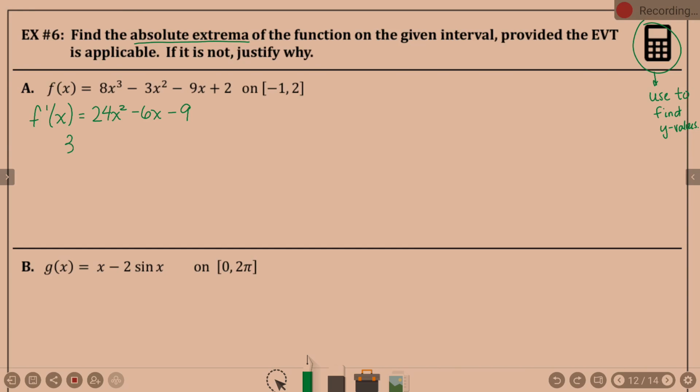So if I factor out 3 as I go here, now I'm left with 8x squared minus 2x minus 3. Product of AC, slip and slide, guess and check. 8 times negative 3 is negative 24. We need factors multiplying to -24 and adding to -2.